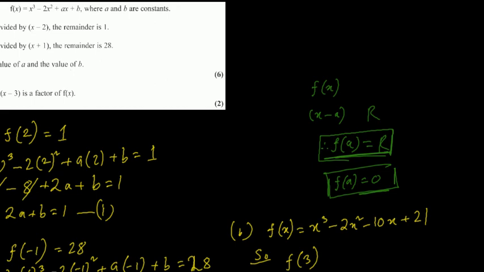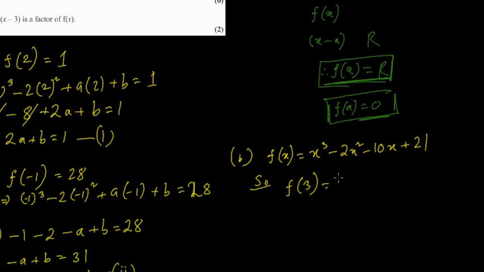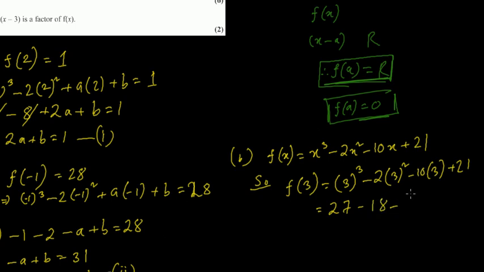So f(3) equals, we don't know what it is. If it is equal to 0, then it's a factor. 3 cubed minus 2 times 3 squared minus 10 times 3 plus 21. Let's calculate. 3 cubed is 27, minus 3 squared is 9, 9 twos are 18, minus 10 times 3 is 30, plus 21. Now if we calculate this, it comes to be 0. That means it has been proved.